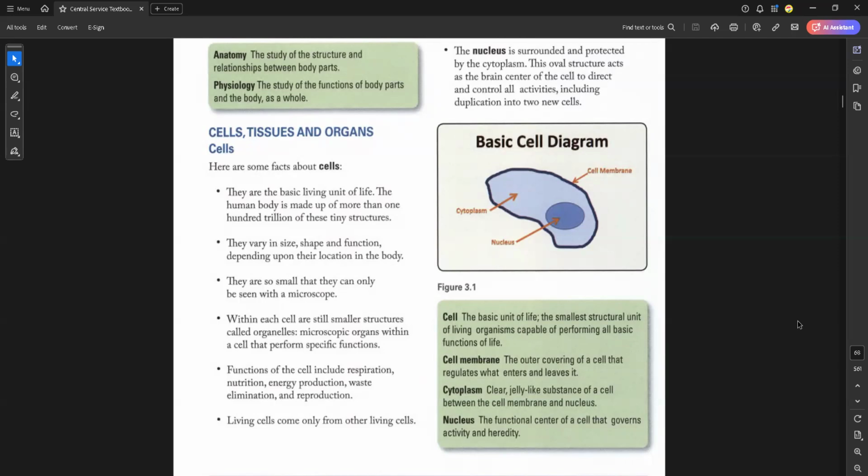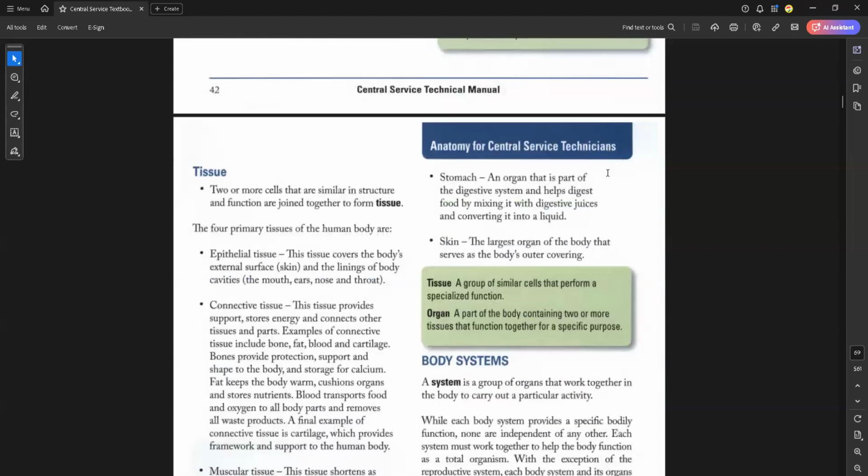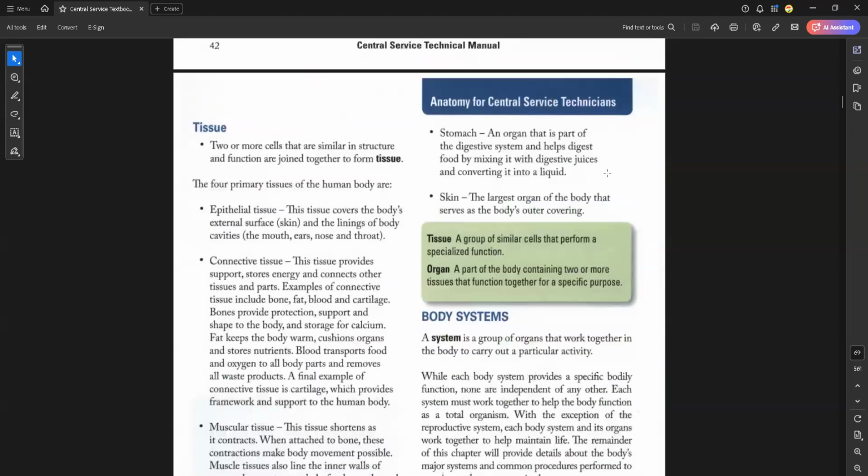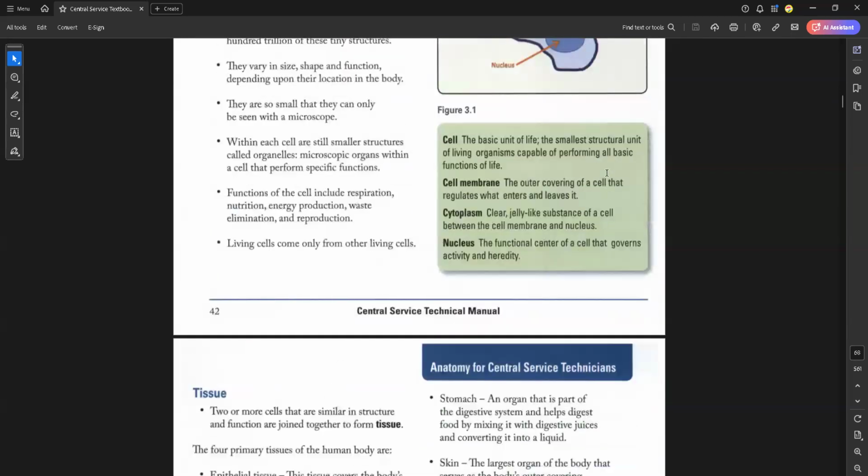Now, the nucleus is surrounded and protected by the cytoplasm, the oval structure, as the brain center of the cell to direct. So that's how it is.